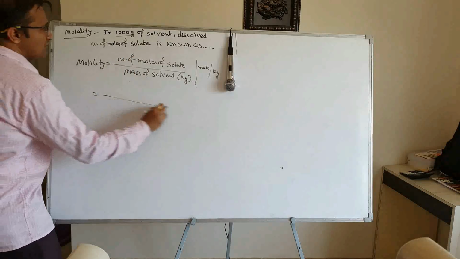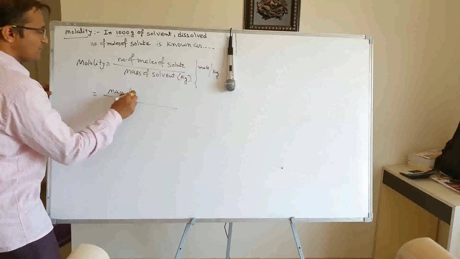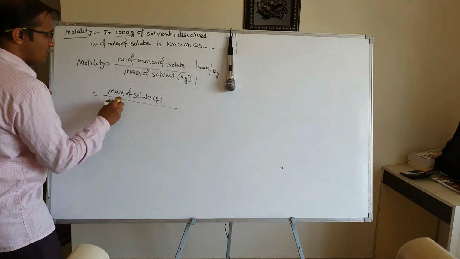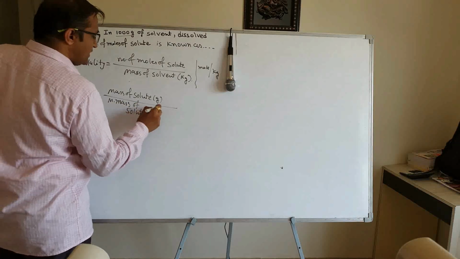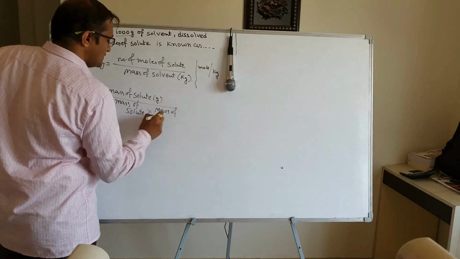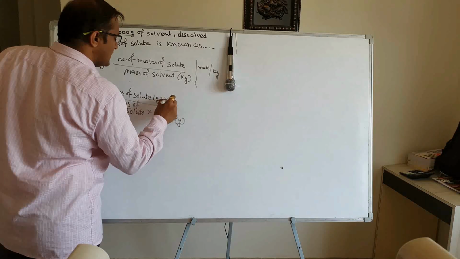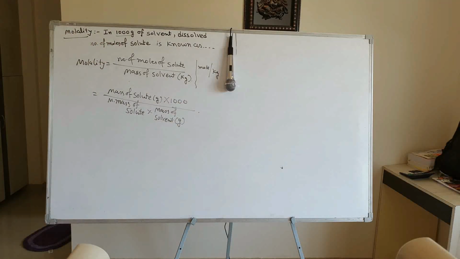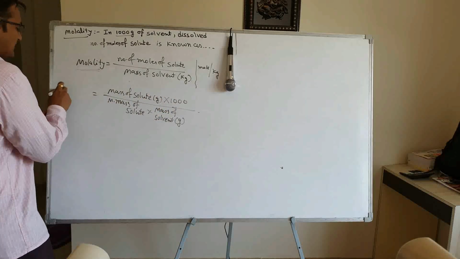The number of moles of solute will be mass upon molecular mass. So it is mass of solute in gram divided by molecular mass of solute, and mass of solvent, and if we take it in gram, then we have to multiply with 1000.